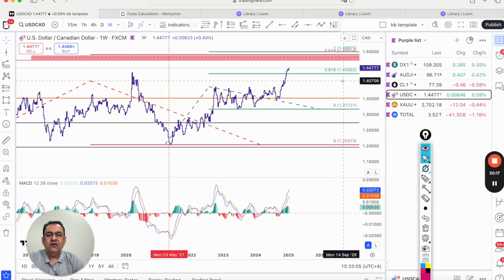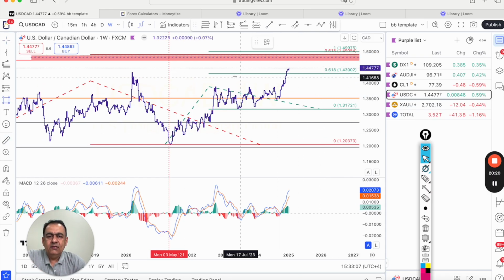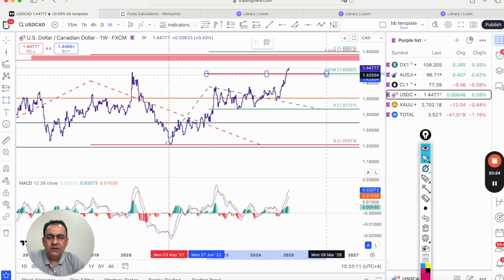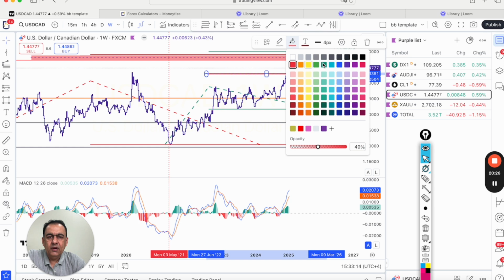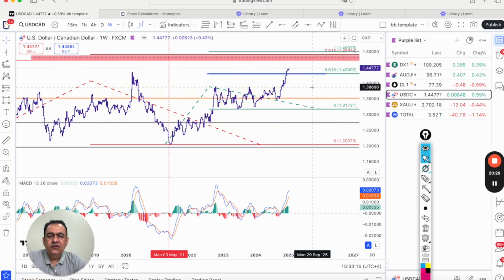So until it remains higher than this level, this is Fib extension 61.8. So this should serve as support now. So until USDCAD remains above 1.4300, the first destination is 1.4725, followed by 4905, and ultimately it should reach 1.5.